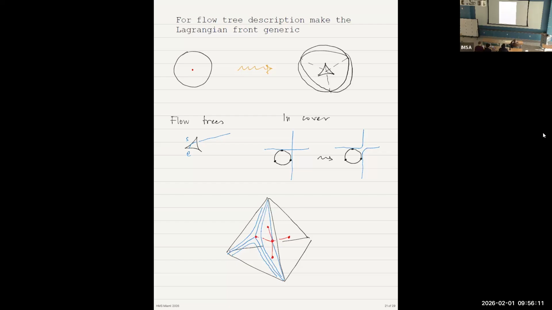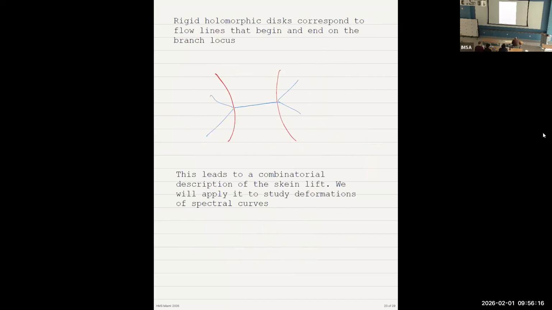In this picture, you should imagine some kind of rotating three lines along one of these red ones and along the other one. At some point, they come together, and I find a flow line that connects the red to the red. That is a holomorphic disk. That's exactly the holomorphic disk that we saw in the first picture for the toric brane. Those are our disks. Okay, that's how they appear in the flow line world.